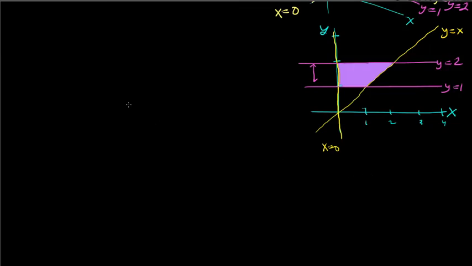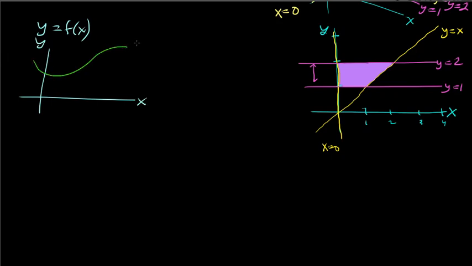After all, going back to Calc 1, if you have a function y equals f of x, this is going to be very sloppy here, and we have a region, in this case just from a to b, got to close it off, and you want to find the area of that region, what would you do? You would do an integral.